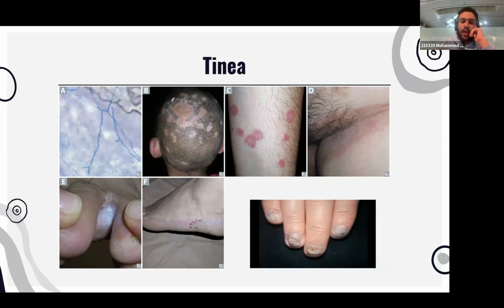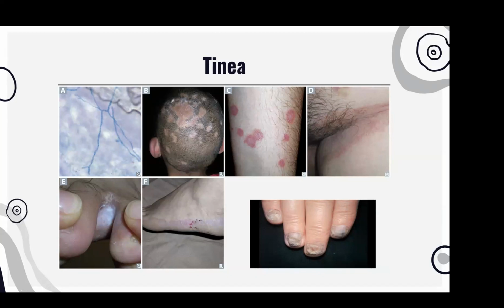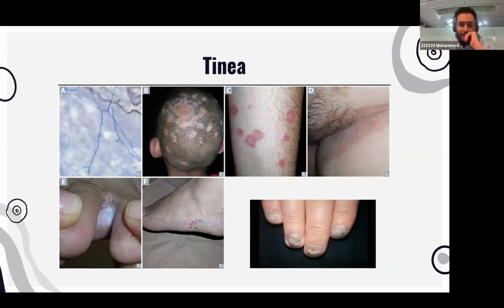Anyways, if it's on the head, what do we call it? Capitis. Cap. Another way to remember it. This one on the body. Corpus. This is corpus.